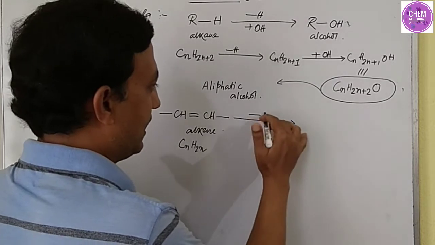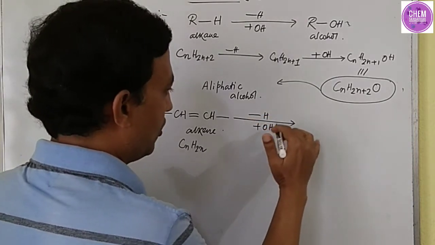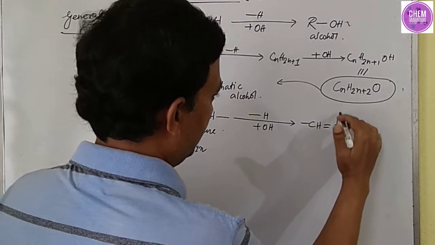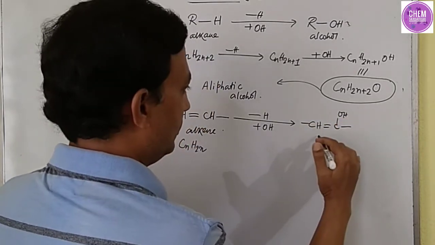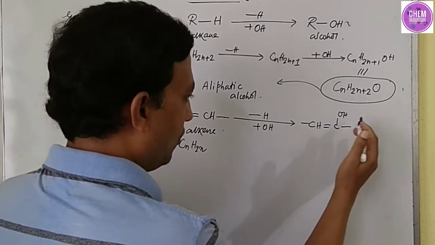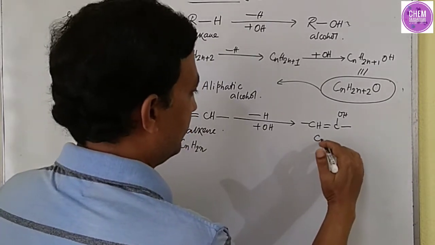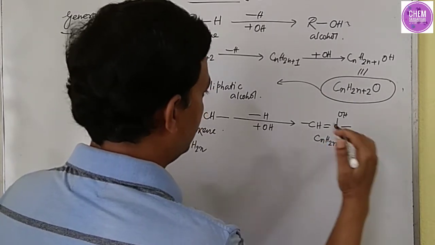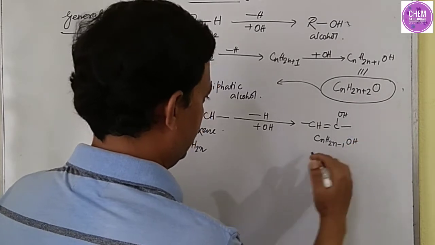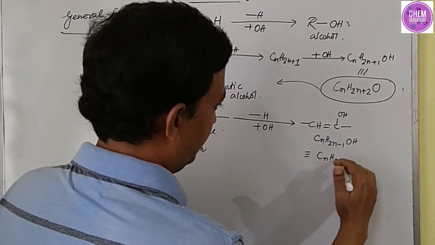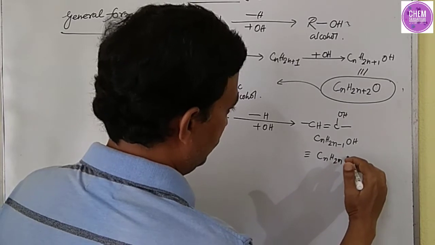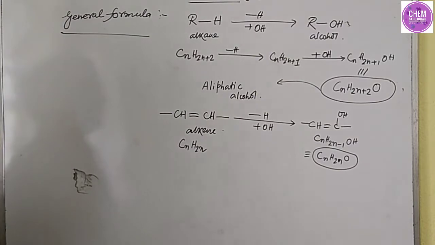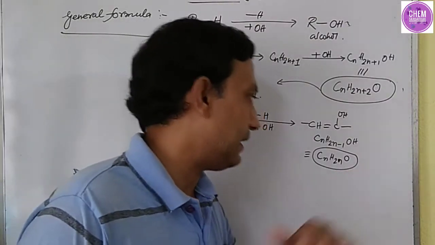If one hydrogen is replaced by a hydroxyl group, then we get an unsaturated alcohol, an enol or something similar, whose general formula would be CnH2n-1OH. That means after adding the hydrogen, CnH2nO. This is the general formula of unsaturated alcohol.